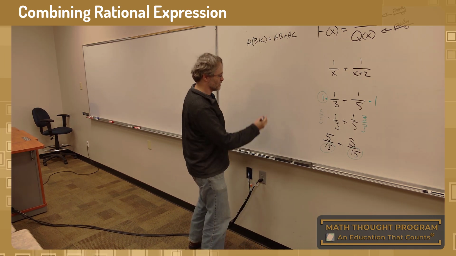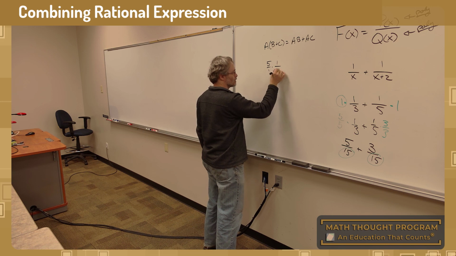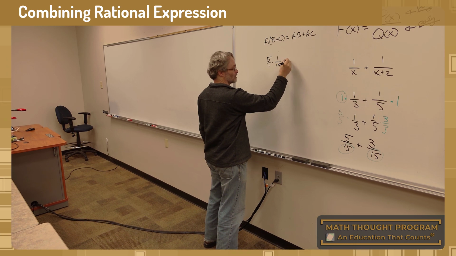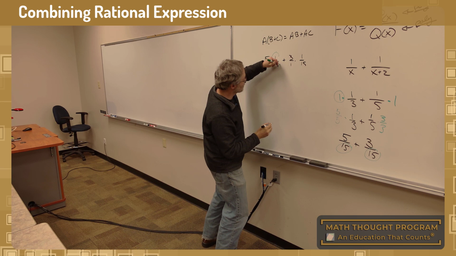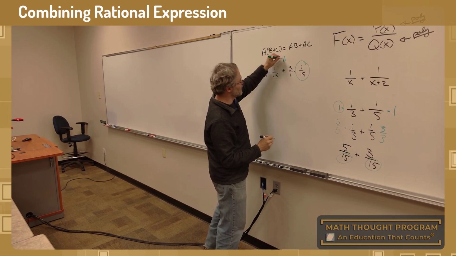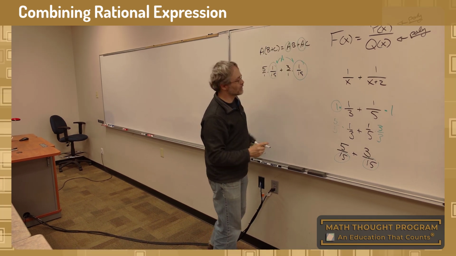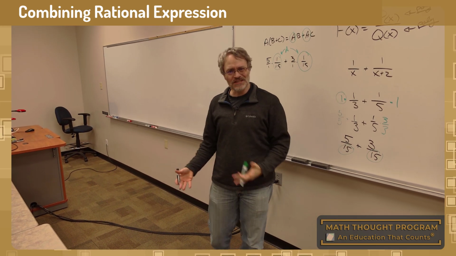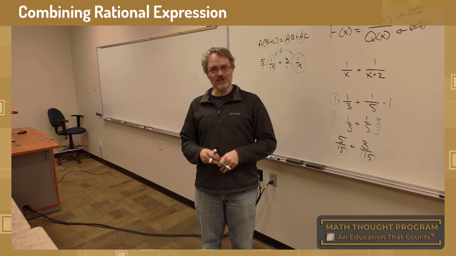And I can take this 5 over 15, and I could recalibrate just for the moment, just so you can see why we have to get a common denominator. This right here and this right here, that's like your A. So if you're going into the field of teaching, or if you're trying to teach someone about why you need a common denominator, guys, it's right there in the distribution property.